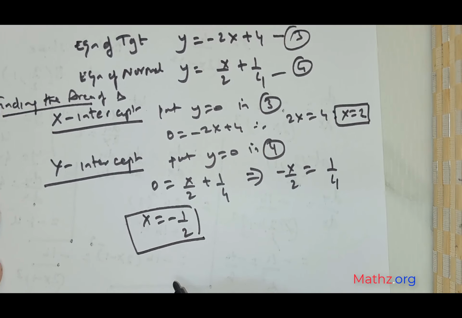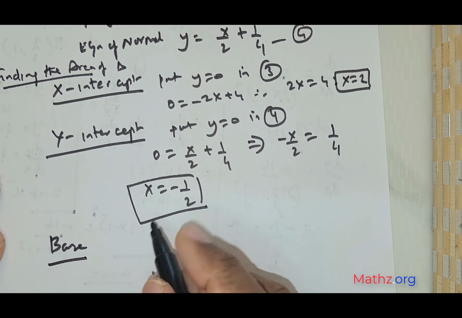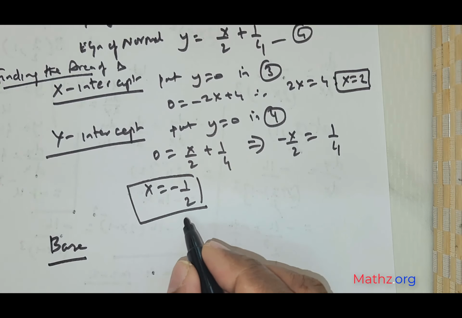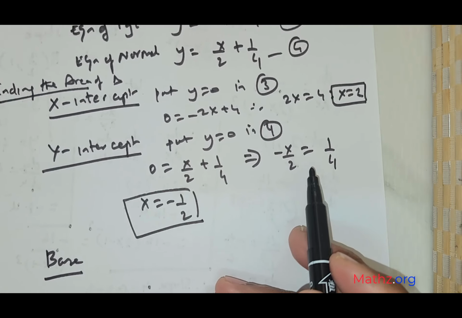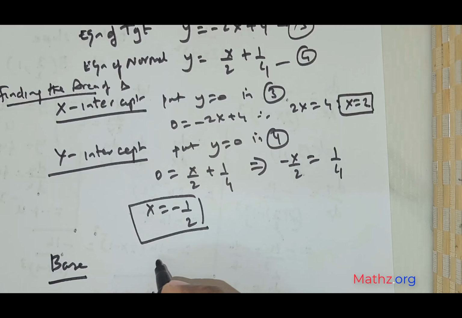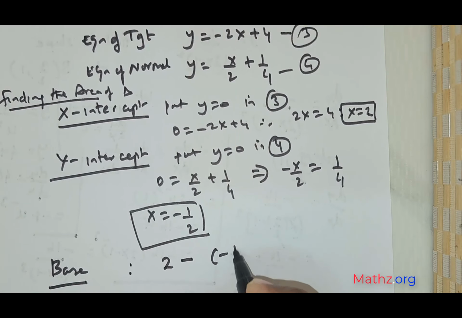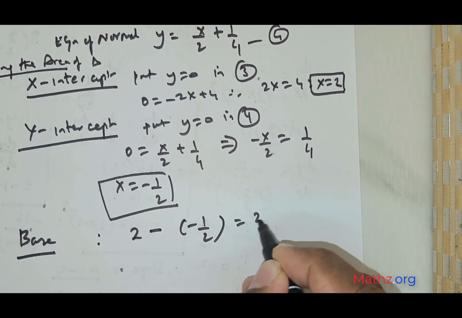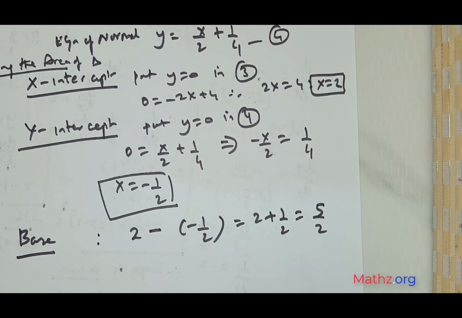So having got this, now we can get the base. The base is obtained when you subtract the x-intercepts. So the base is going to be 2 minus negative 1/2. That's going to be 2 + 1/2, which is equal to 5/2. So the base is obtained.